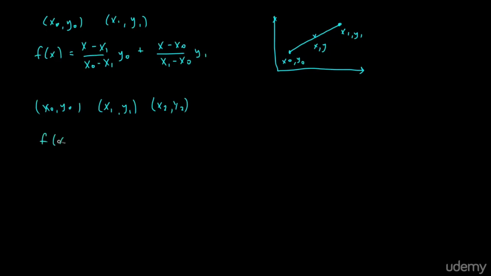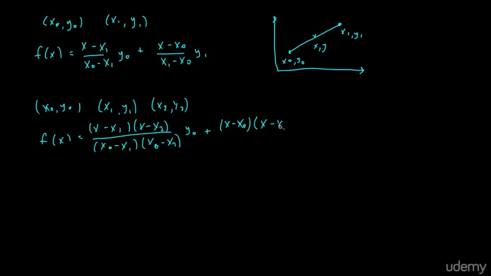The function of x is going to be x minus x1 multiplied by x minus x2, divided by x0 minus x1 multiplied by x0 minus x2, times y0. Then there are another 2 terms: x minus x0 multiplied by x minus x2, divided by x1 minus x0 multiplied by x1 minus x2, times y1, plus the third term.